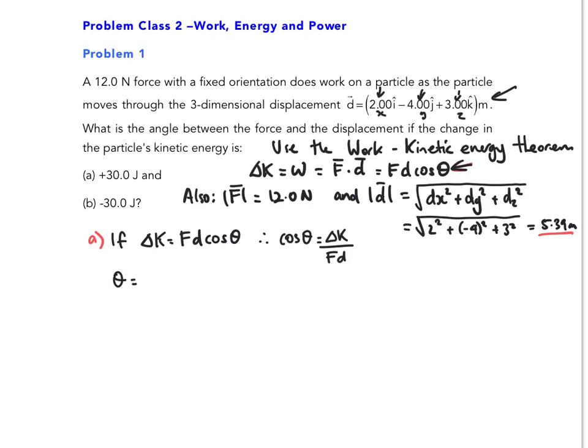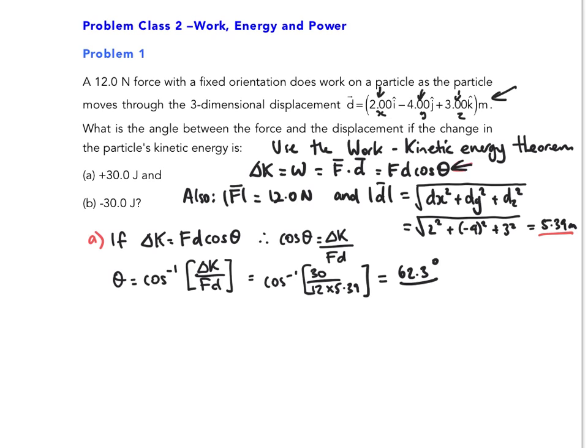So theta equals cos minus 1 of delta K over F times D, so theta equals cos minus 1 of 30 over 12 times 5.39. So we've already worked out 62.3 degrees.